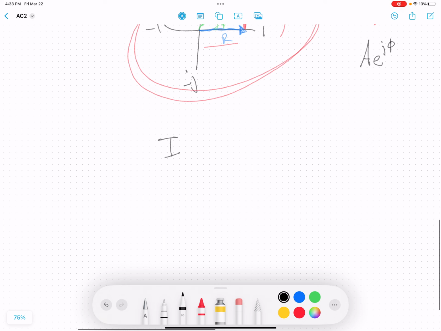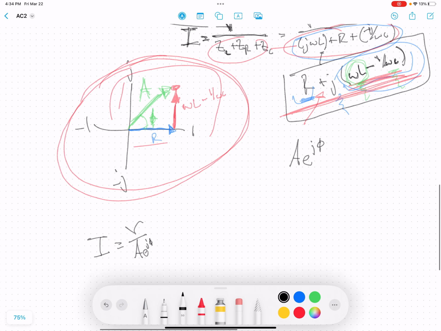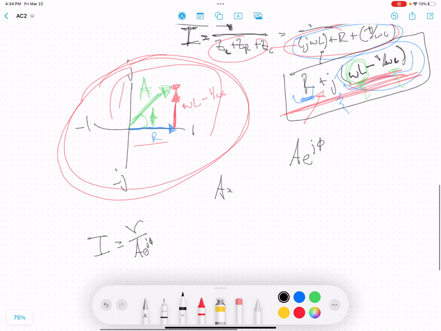So now my current looks like this. It's this V expression over A e to the j phi, where A is equal to the square root of R squared plus quantity omega L minus 1 over omega C squared, and phi is equal to the arc tangent of omega L minus 1 over omega C, over R.